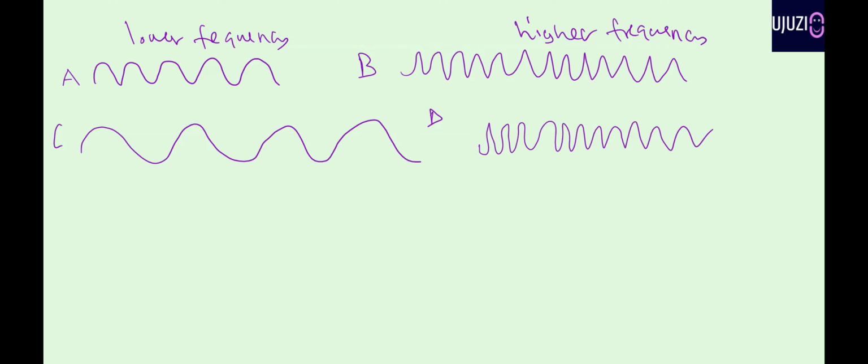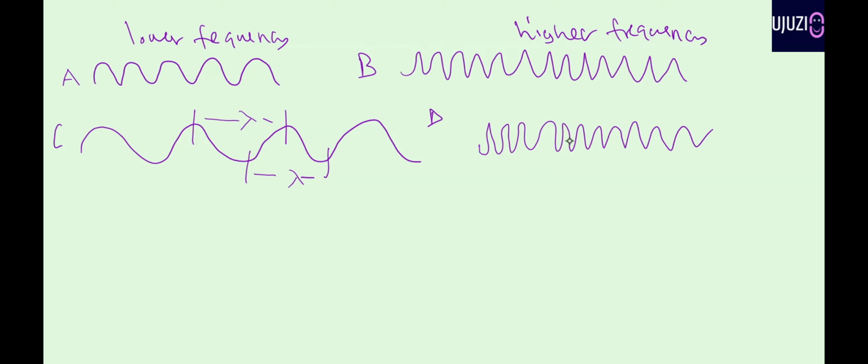What is the wavelength? Wavelength is the distance between these two peaks or two crests or troughs. So this is one wavelength, this is also one wavelength. So the distance between either two peaks or two troughs or crests, that is called wavelength.